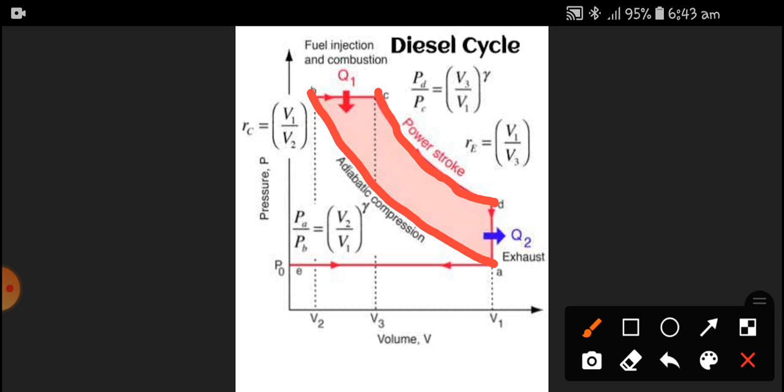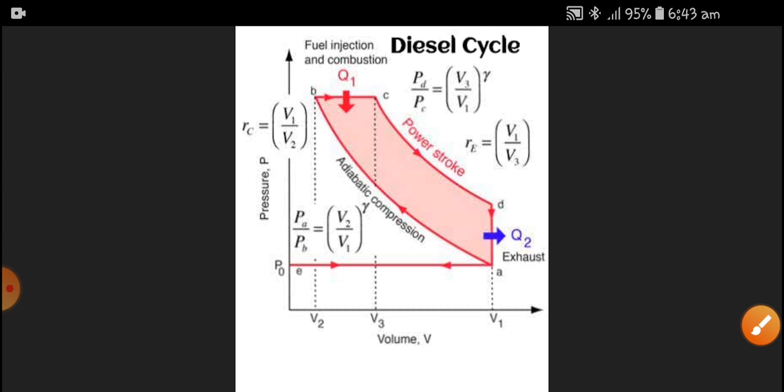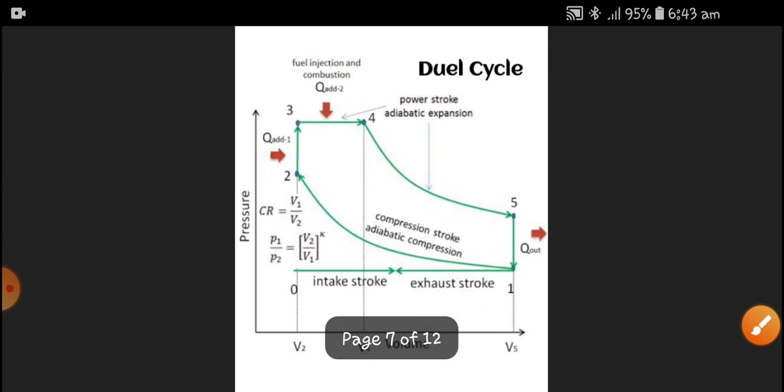The adiabatic compression process happens, then constant pressure heat addition by means of a fuel injector inside the engine's combustion chamber. It gets burned. So only at constant pressure the heat is being added. After that, the expansion stroke, and it goes out in the exhaust stroke.